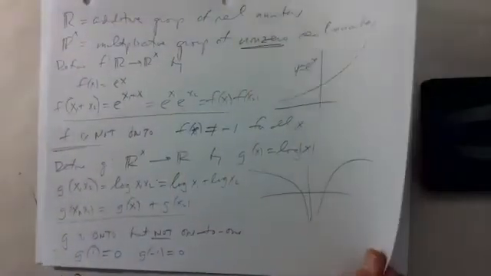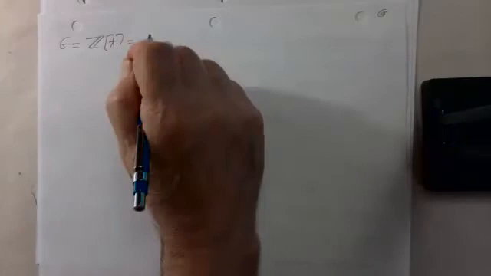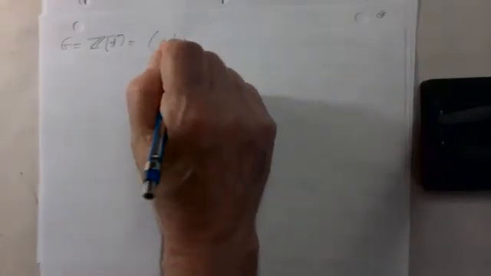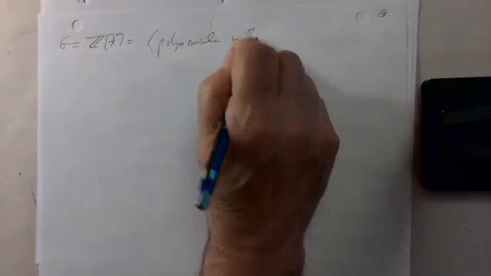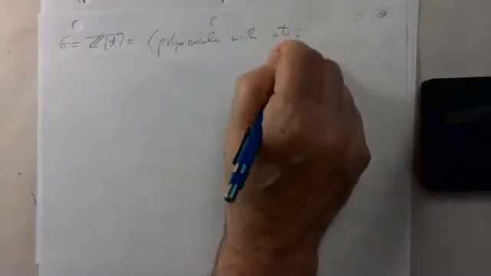Actually, if you like examples from calculus, here's another simple example. Suppose we take G, I'll write this as Z square brackets t. This is all polynomials with integer coefficients.